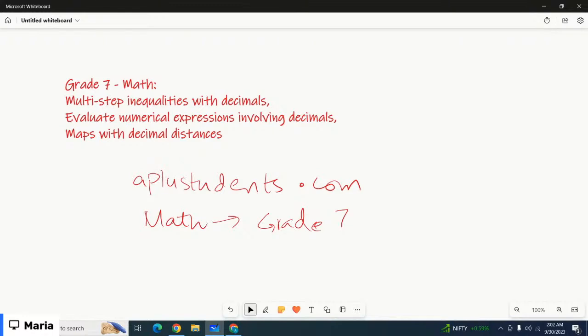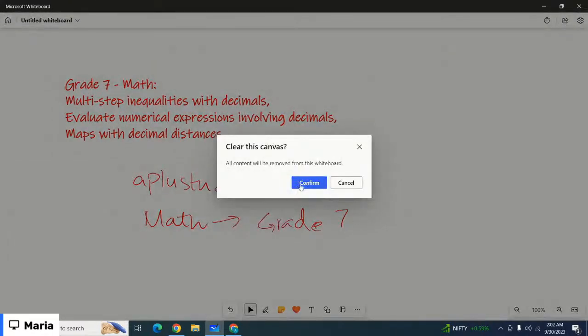So what do you know about the decimals? What are the decimals? So decimals are numbers that have a whole part and a fractional part, and they are separated by the decimal point, right?